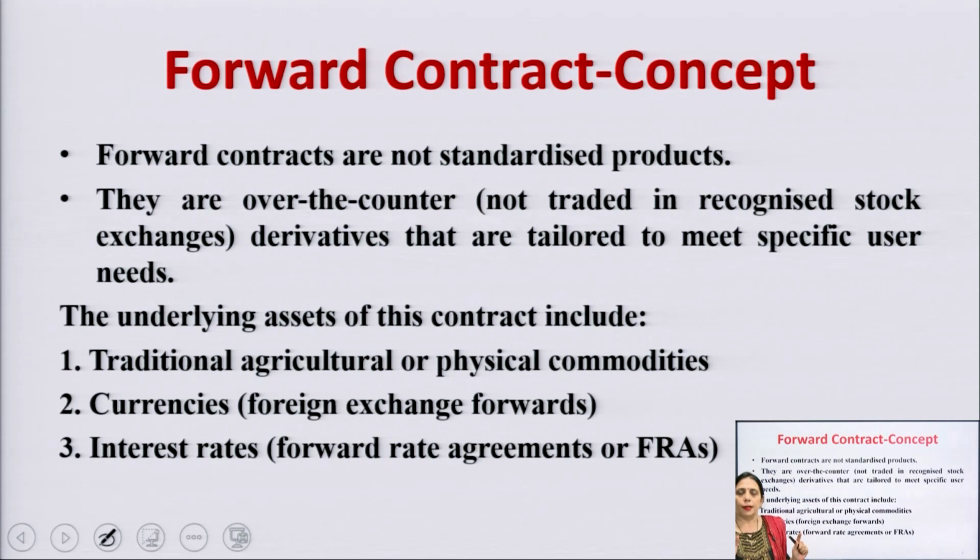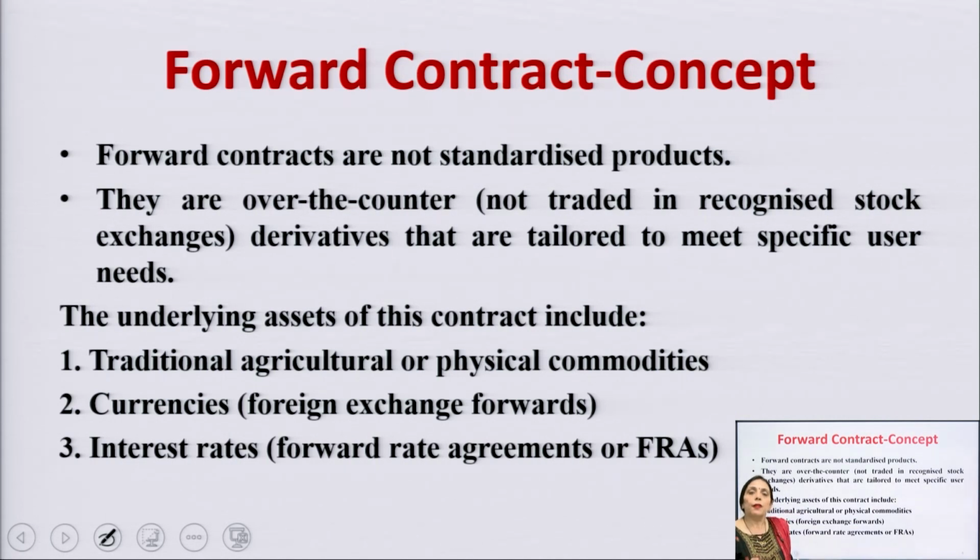Forward contracts differ from the spot or cash contract, because in a forward contract we decide everything in advance, whereas in the spot price case the delivery takes place with an immediate short settlement period.